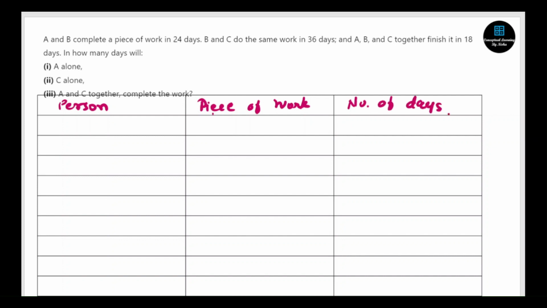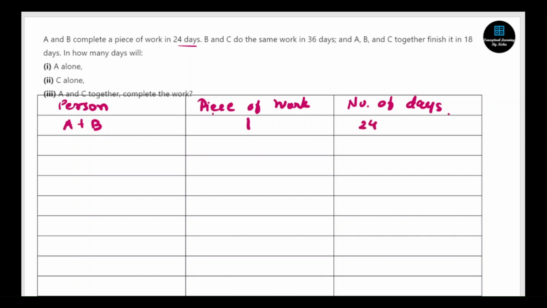Now what they are saying: A and B can complete a work in 24 days. So let me write A plus B together, working on a piece of work in 24 days.